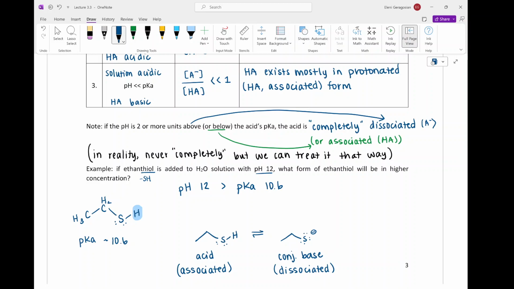With the pKa of the acid being lower than the pH of the solution, the acid molecule, the ethane thiol, is more acidic than the solution, so it will act as the acid and give away its proton. Now the pH and the pKa are within 2 units of each other, so we say both are present in solution.